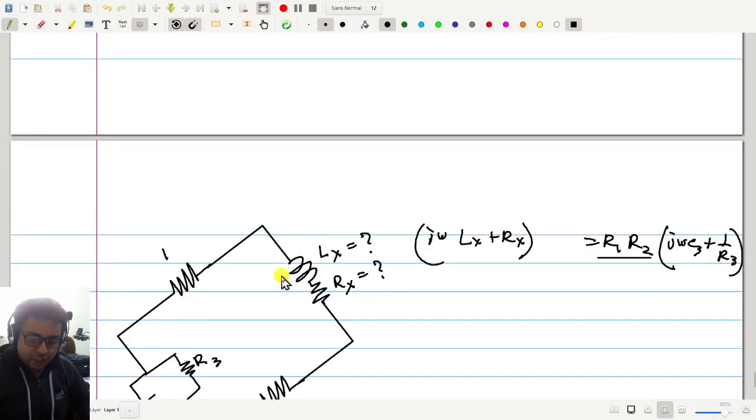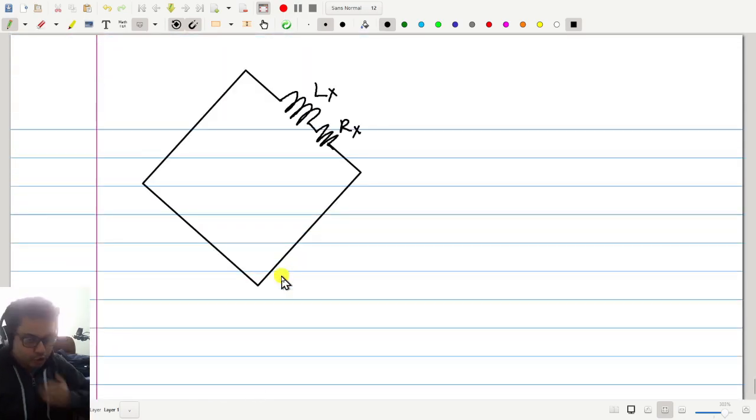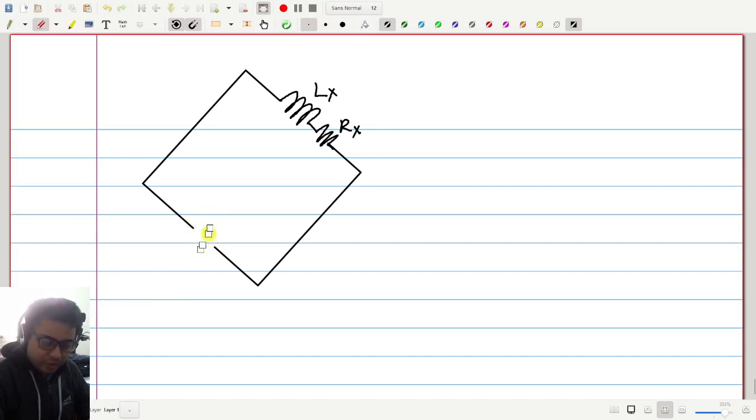Any suggestion? If we go for a ratio bridge, what will you choose? Okay, so maybe we can choose this. We choose these two to be pure resistances.